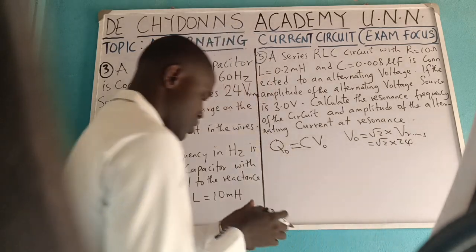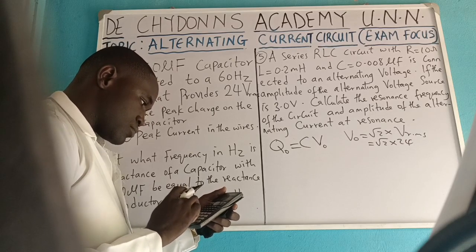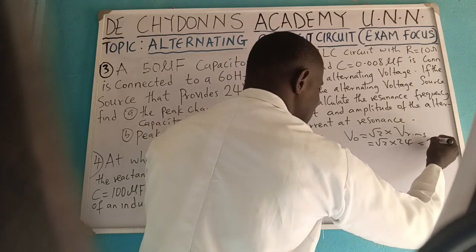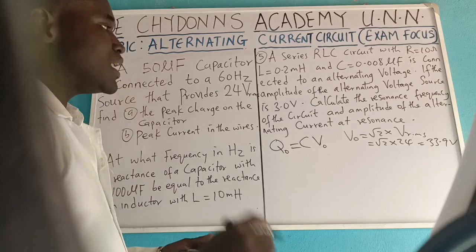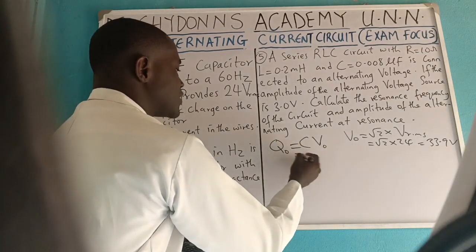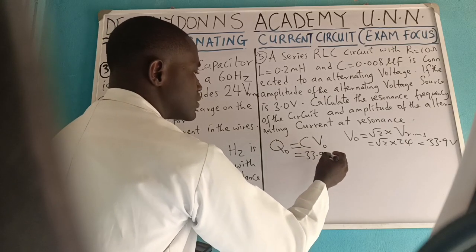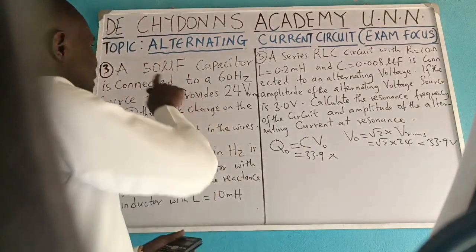That will be root 2 times 24, which equals 33.9 volts. That is your peak voltage. That means the peak charge should be equal to 33.9 volts times the capacitance of the capacitor.